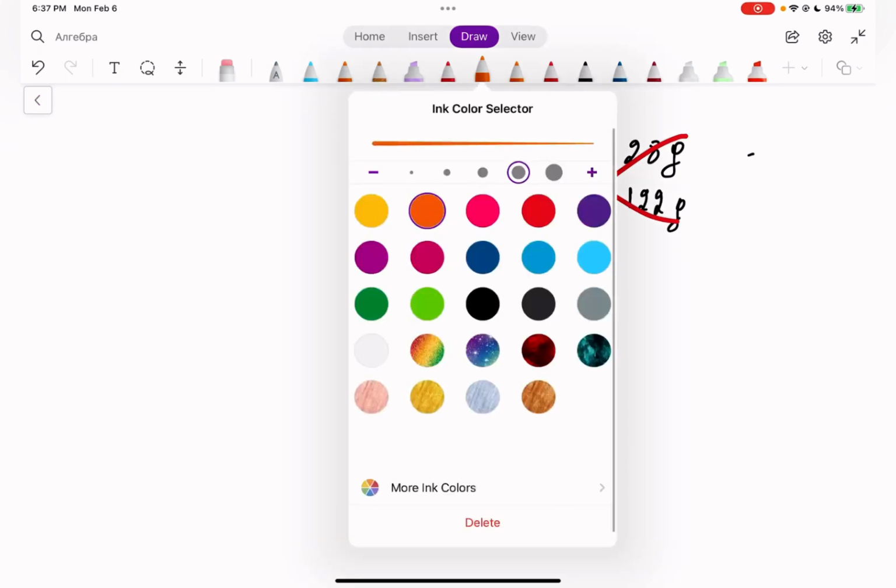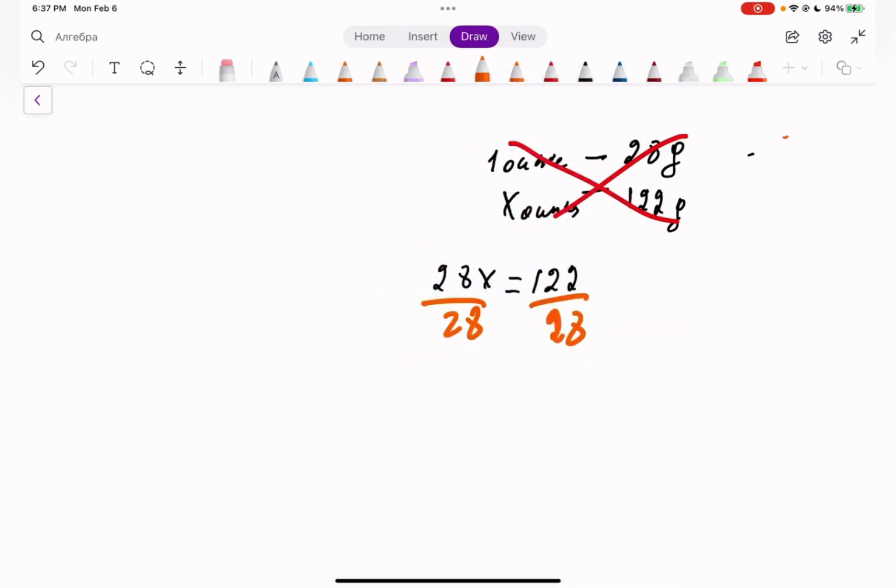Why is everything so thick? Okay, so this is gone. And 122 divided by 28, we are getting approximately 4.36.